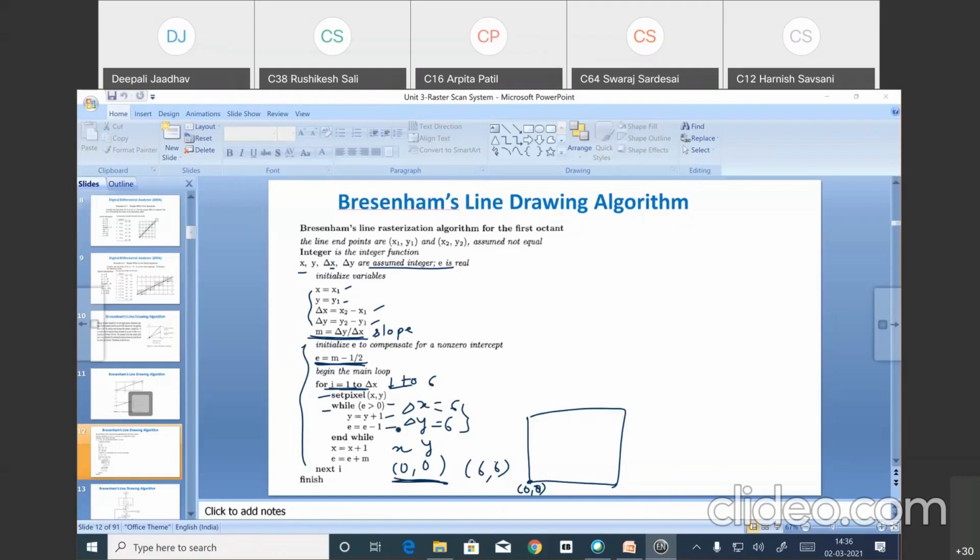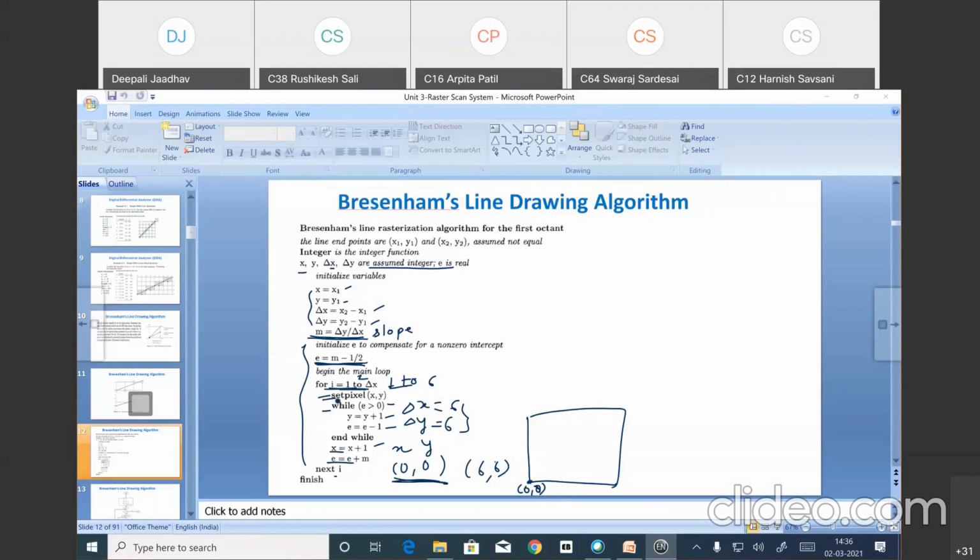Then end while. x always increases, whether E is positive or negative. That's why x is equal to x plus 1, and E is equal to E plus m. Then next I. Now 1, the next is 2. Whatever the values of x and y, set pixel there. If E is greater than 0, then increase the value of y.